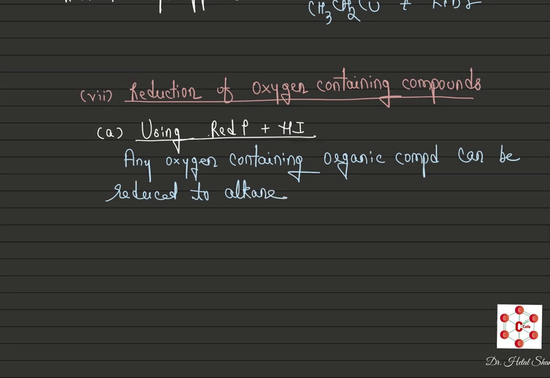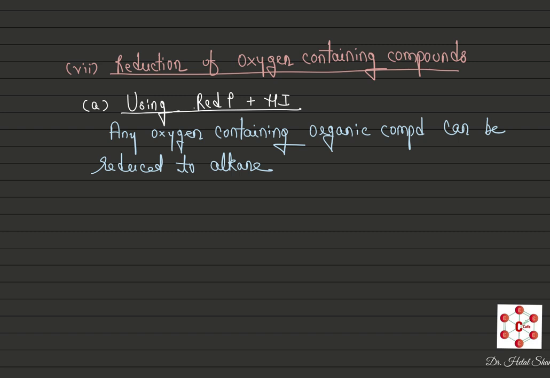So pay attention now. We take up, let's say, an alcohol here, and we use HI, a very versatile system, and red phosphorus and heat. There are a few things that you have to know. All the oxygens would come out as water.